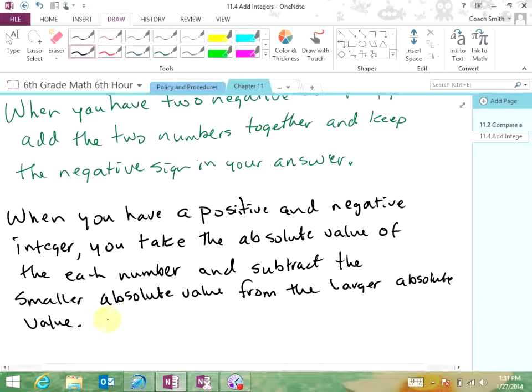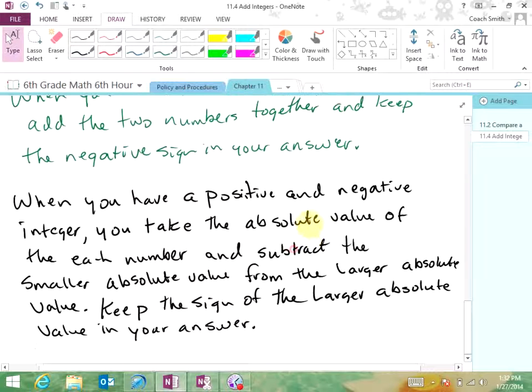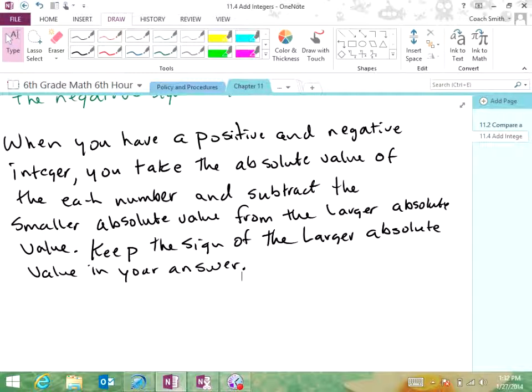Once you've subtracted the absolute values, you keep the sign of the larger absolute value in your answer. Once again, we've already done that rule. I'm just writing down what we talked about a few minutes ago.